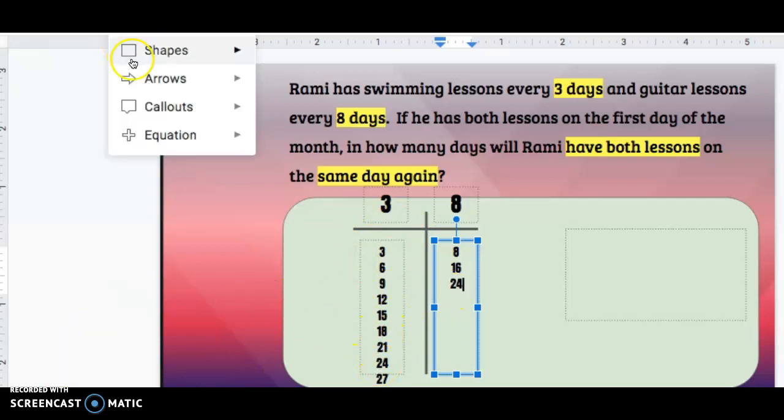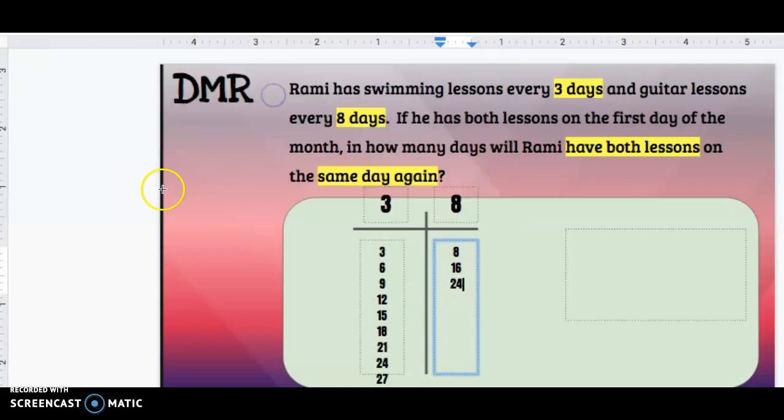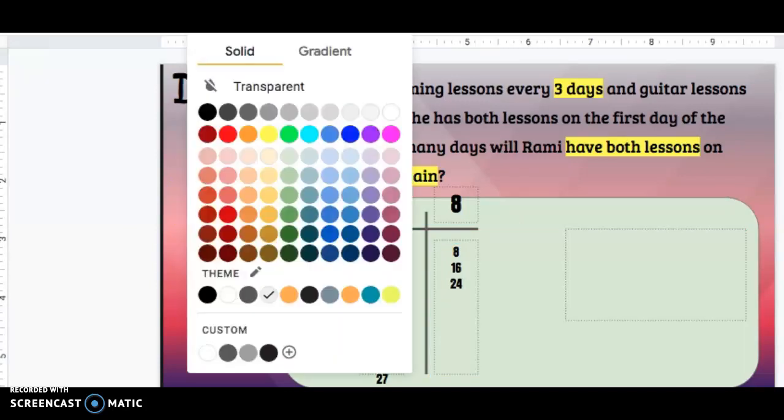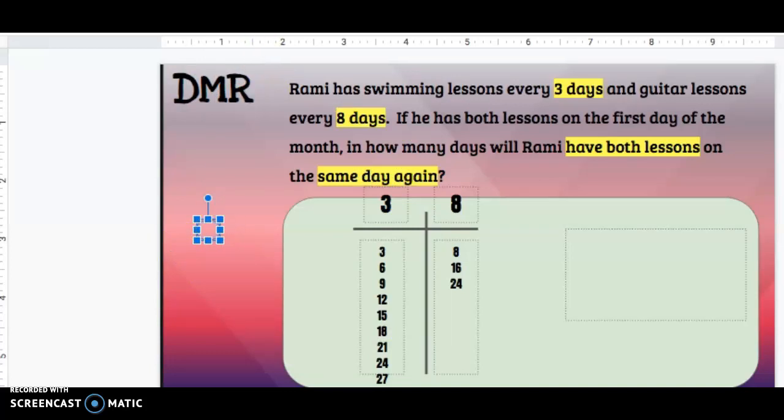So you guys are going to have the circles there, but I did not put the circles on the screen just yet. So you're going to have these circles, and you're going to put your circles around 24.